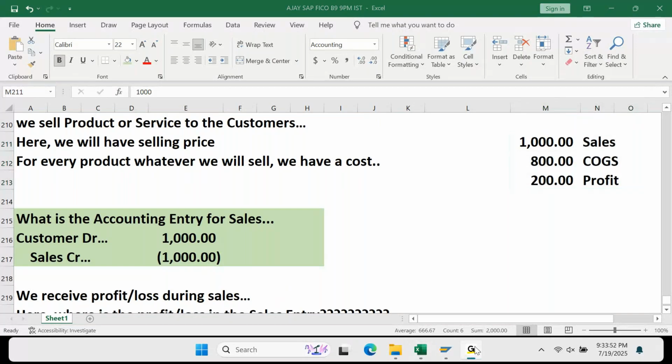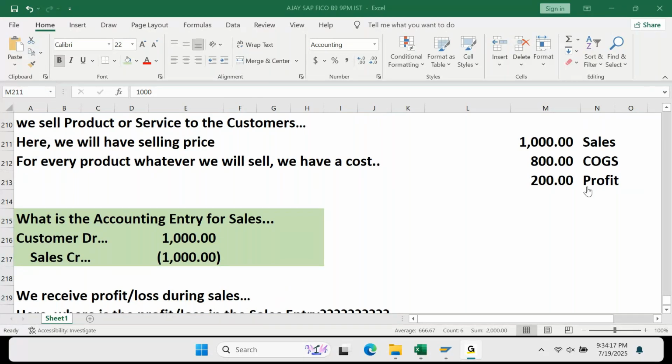At the end of the day, any company doing a business is to make what? Profit only. That is the whole objective of any business, any company. If we are not in a position to understand or calculate how the profit is calculated in that company, is our accounting understanding helping us or not helping us?